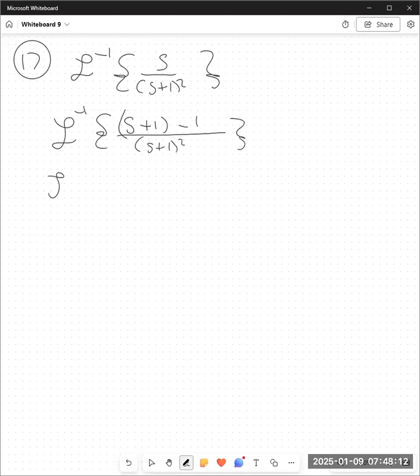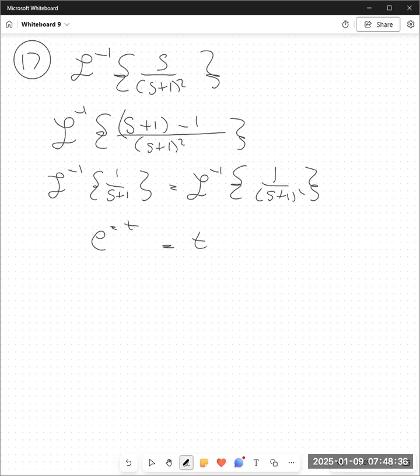It's going to make this inverse Laplace transform of 1 over s plus 1 minus inverse Laplace transform of 1 over s plus 1 squared. And so that's going to be e to the negative t minus t e to the negative t.